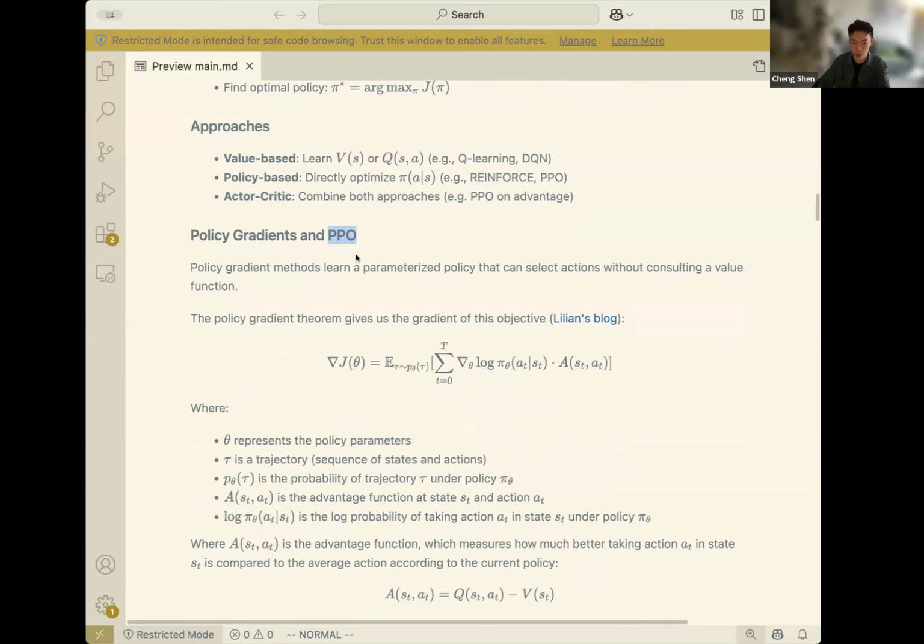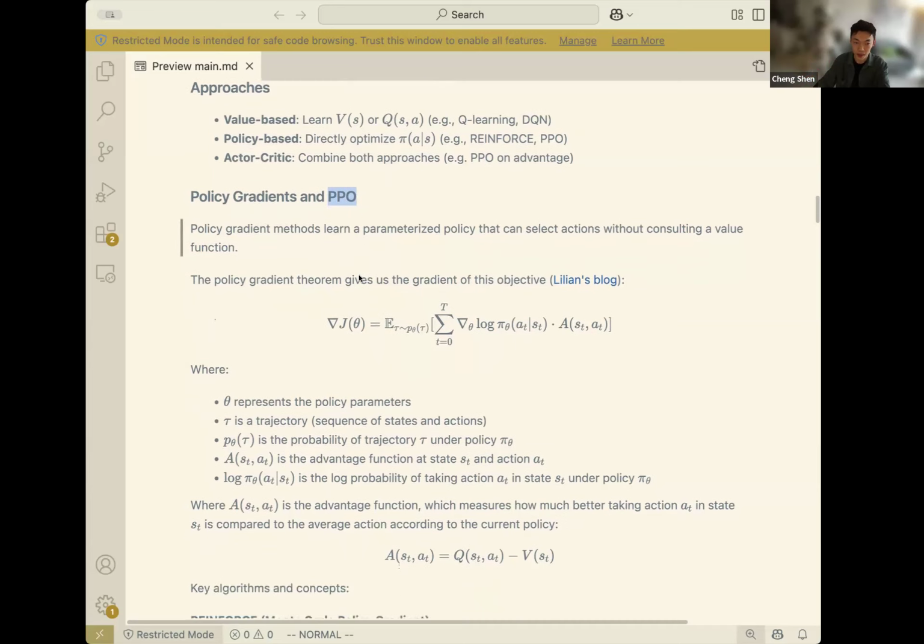PPO is proximal policy optimization. If you look at its paper, I believe it's being used by OpenAI to do RLHF in at least GPT-3 or 3.5. But when it was first proposed, if you look at the paper, it was used to play Atari games, to do this cart-pole movement in this kind of playground environment instead of using it on a large language model.